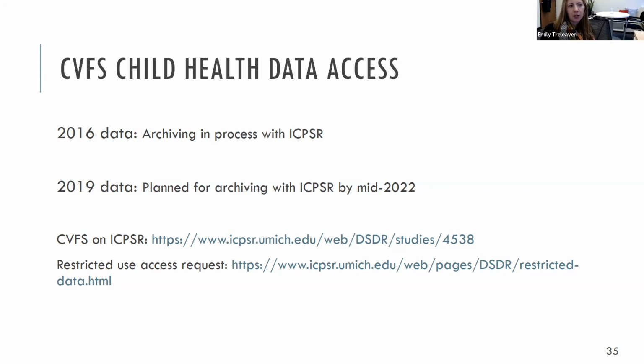Part of that is preparing it for public release and making sure that we are sufficiently protecting our respondents' privacy. We expect to have that deposited with ICPSR by summer. And then once it's deposited with ICPSR, they take a variable amount of time to actually publicly post the data.